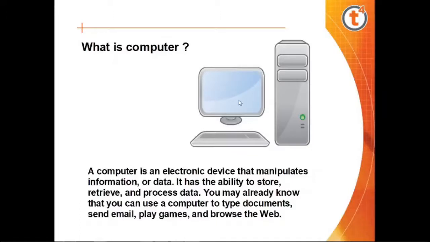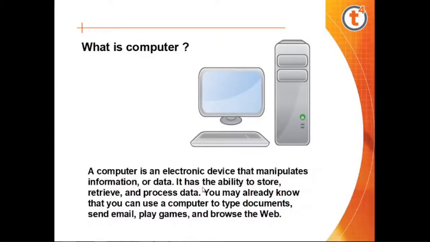Hardware means not only the CPU, not only the monitor, not only the keyboard. All the devices have a meaning, and the computer is divided into many system units. A computer is an electronic device that manipulates information or data.